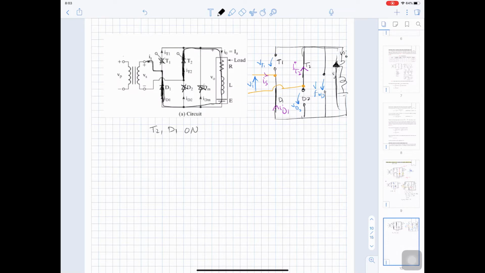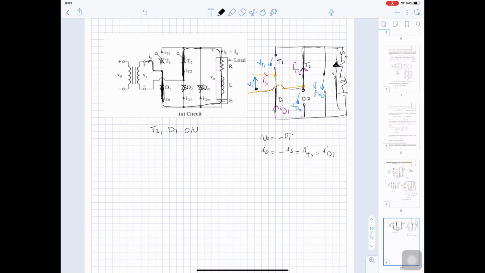So the head of the arrow here is connected to the tail of this arrow here. So V out equal to negative Vn, I out equal to negative I source, or I source equal to negative I out, equal to I thyristor 2 equal to I diode 1.